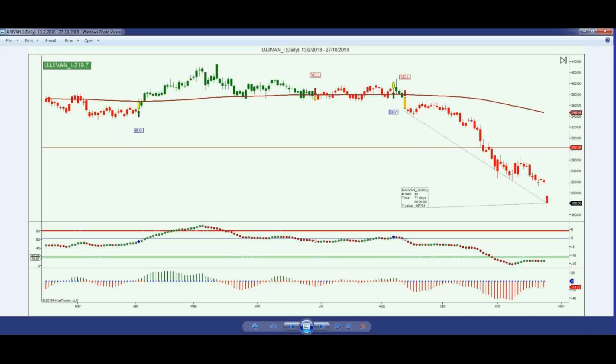So that's our daily chart. So Ujjivan, you can just see. Just a second. So there was a huge fall from day before yesterday.